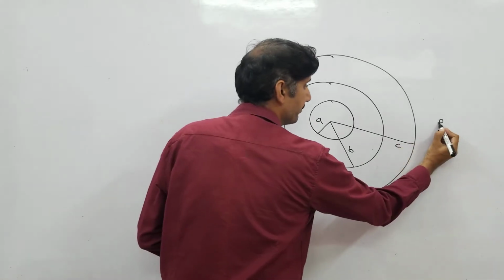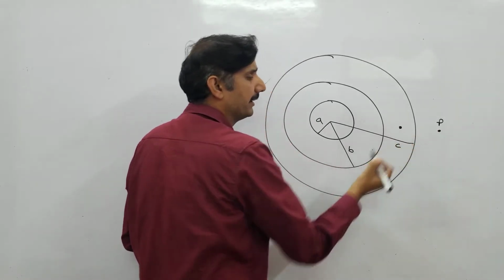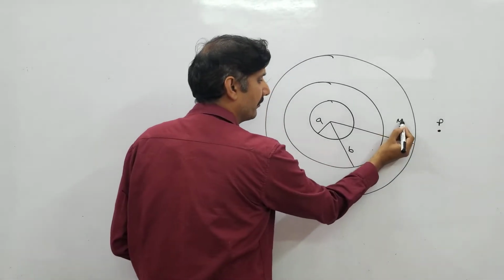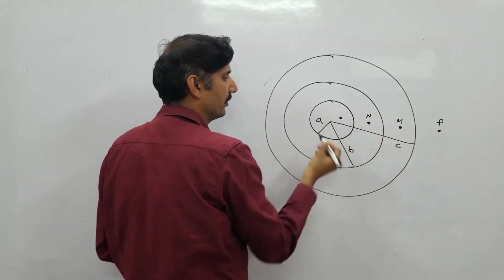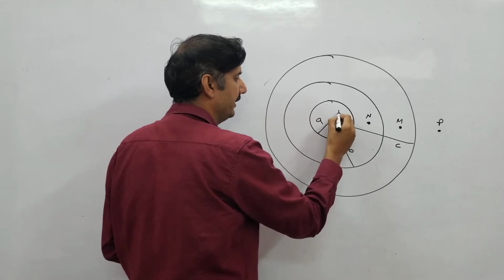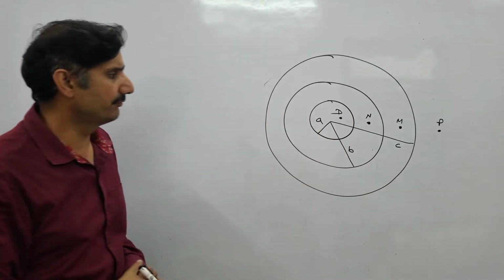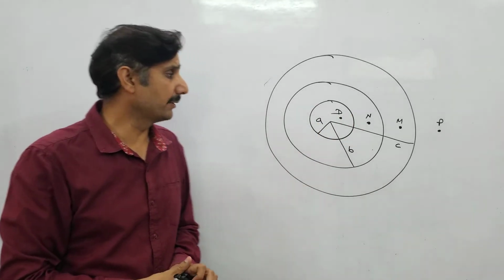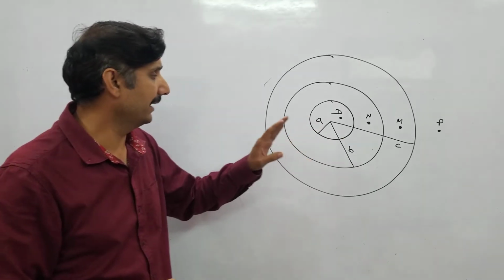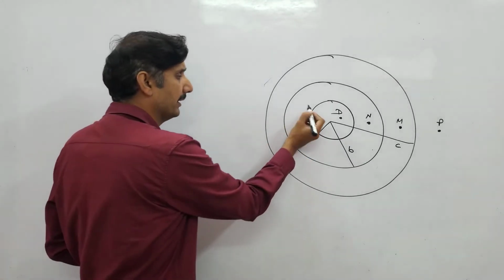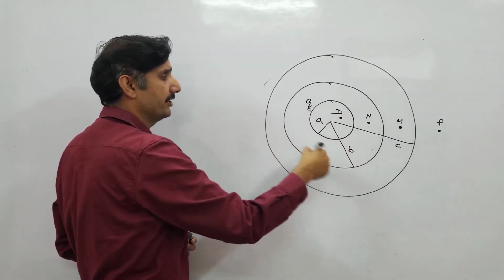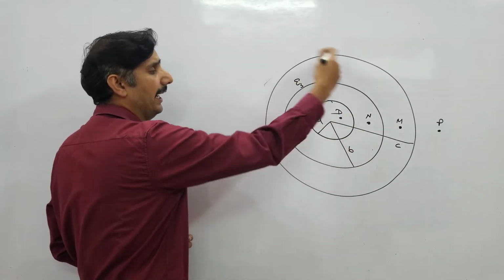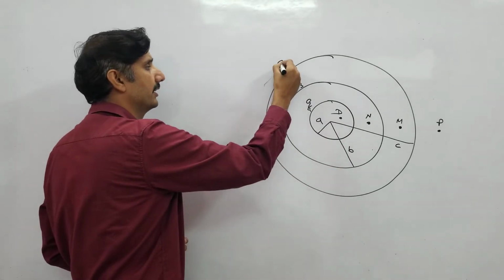Let's say this is P, some other point I call M, this point over here N, and somewhere over here, let's say D. I wish to find out electric potential at points P, M, N, and D. I'm assuming that the first shell has got charge QA, the second shell has charge QB, and the third shell has got charge QC.